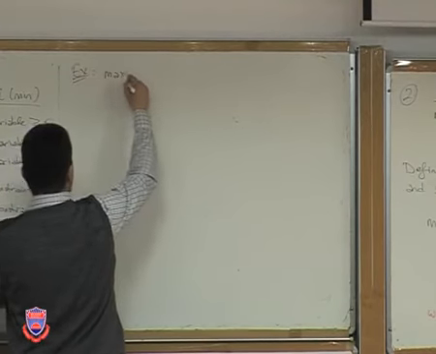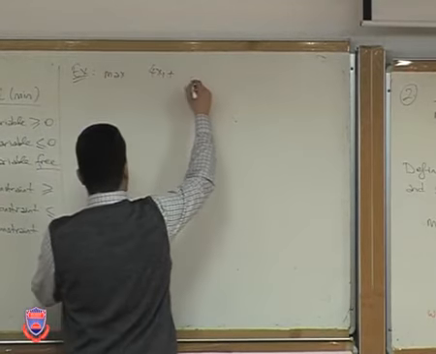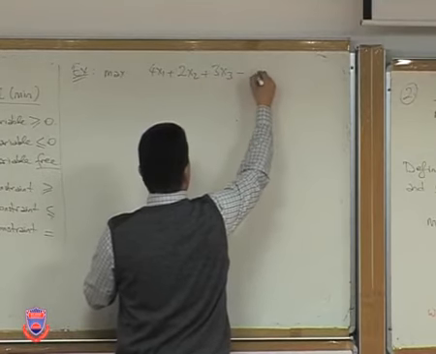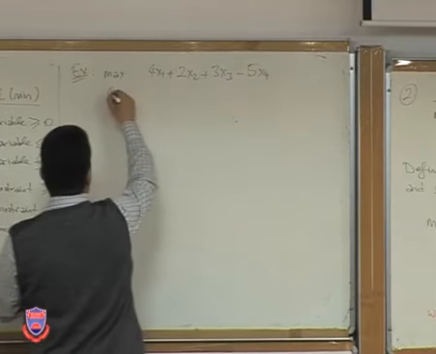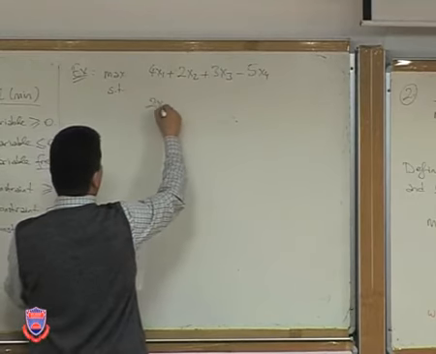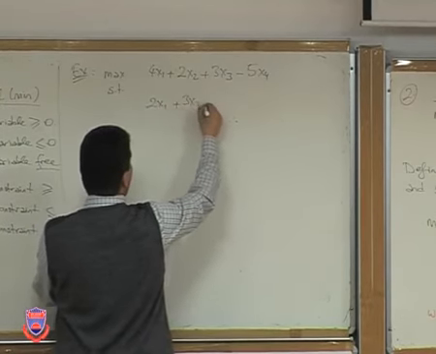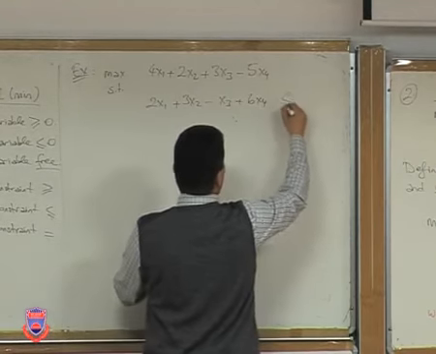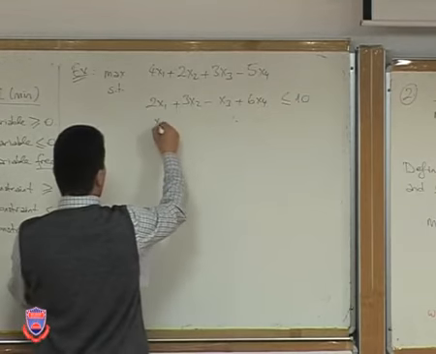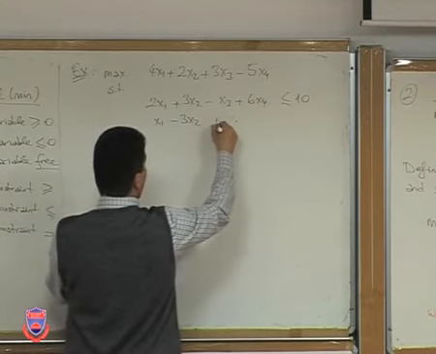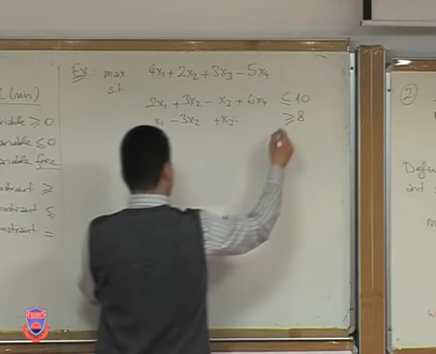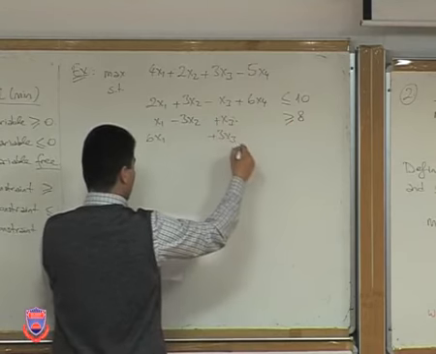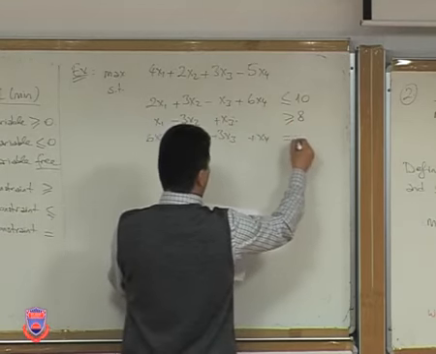So suppose that we have the following problem. I want to maximize 4x1 plus 2x2 plus 3x3 minus 5x4, subject to 2x1 plus 3x2 minus x3 plus 6x4 is less than or equal to 10; x1 minus 3x2 plus x3 is greater than or equal to 8; and finally 6x1 plus 3x3 plus x4 is equal to 20.